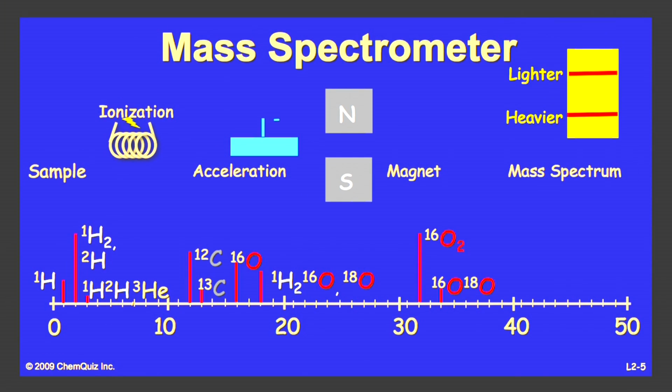And here's a few other examples. Oxygen-16, the oxygen molecules, and carbon dioxide. Mass 44 if it's carbon-12 and oxygen-16. But of course, it could be carbon-13 and oxygen-16, a slightly higher mass.